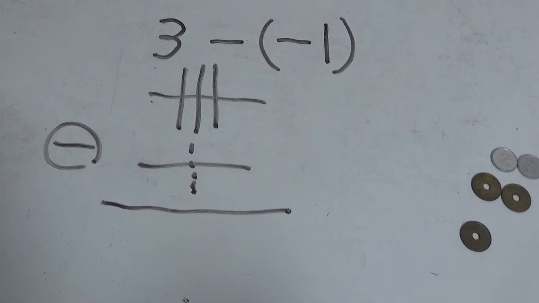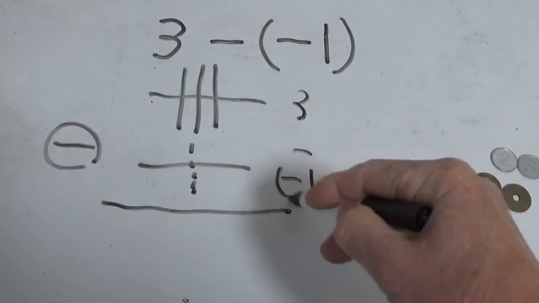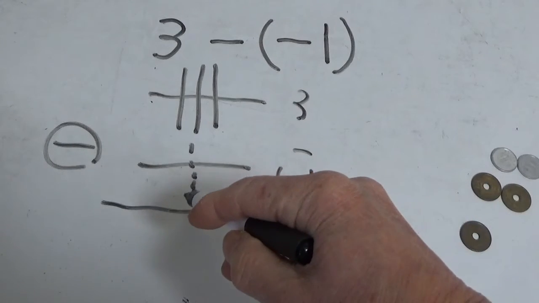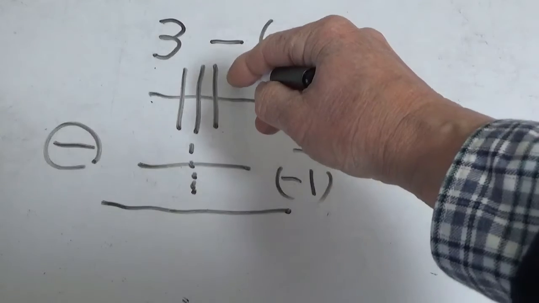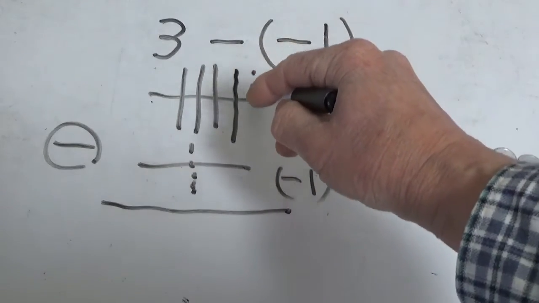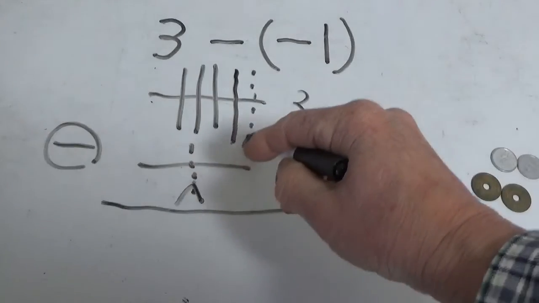Let's try subtraction of negative value. 3 minus minus 1. How can this be subtracted? So we are going to add 0, 1 and minus 1 and subtract this one.